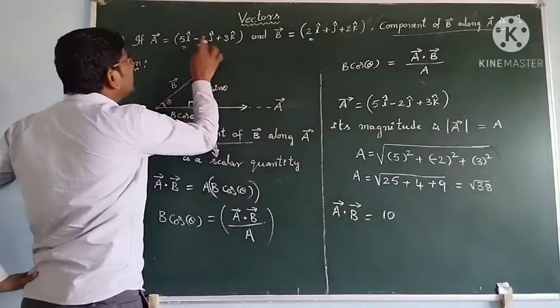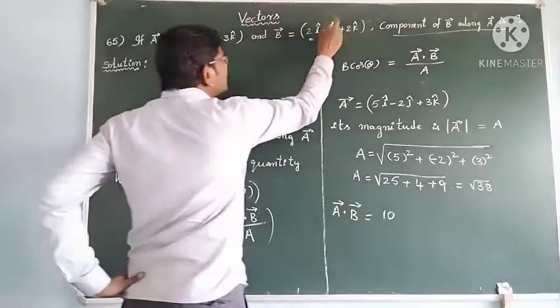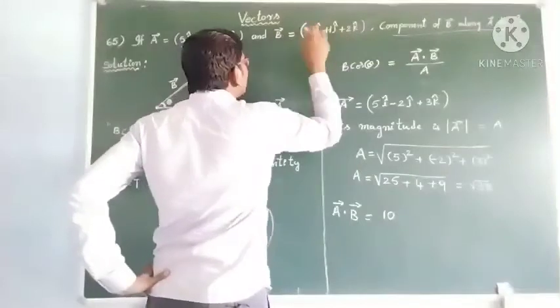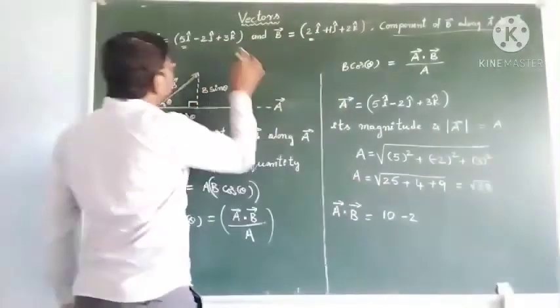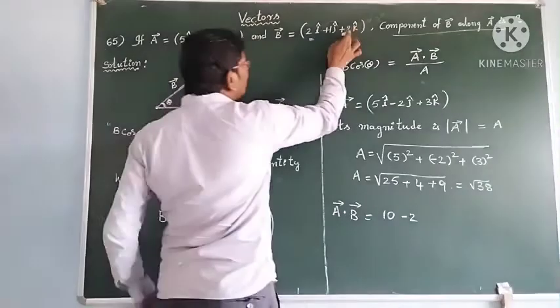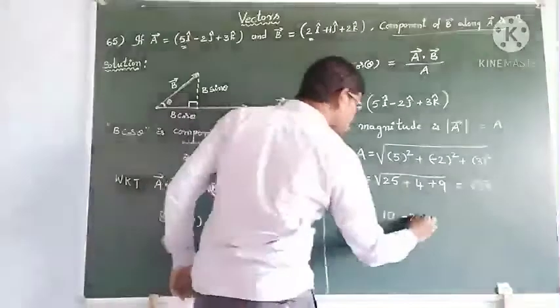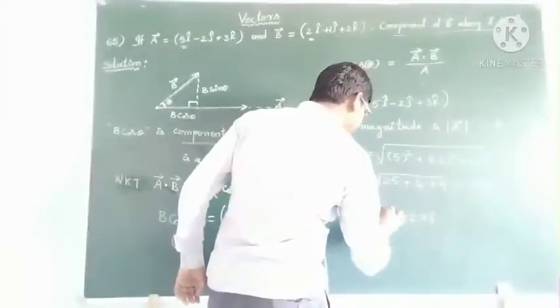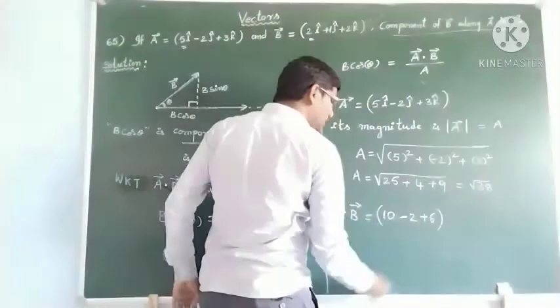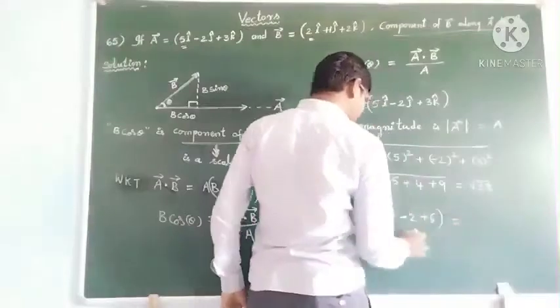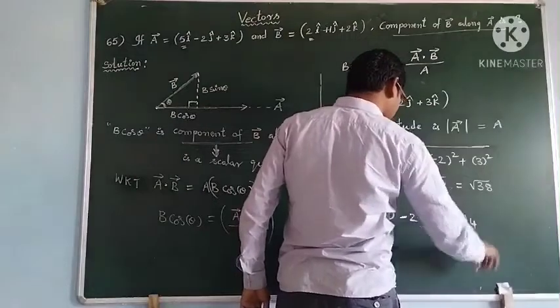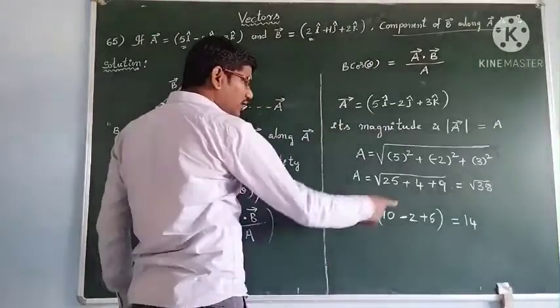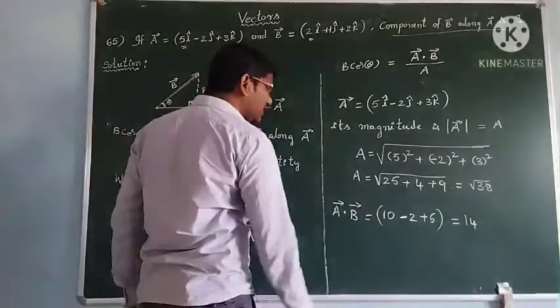Here J coefficient is minus 2 and here J coefficient is 1, so 1 into minus 2. K coefficient is 3 and here it is 2, 3 into 2, so plus 6. So 10 minus 2 plus 6: 10 minus 2, 8, 8 plus 6, 14. Okay students, so A bar dot B bar value we got as 14.